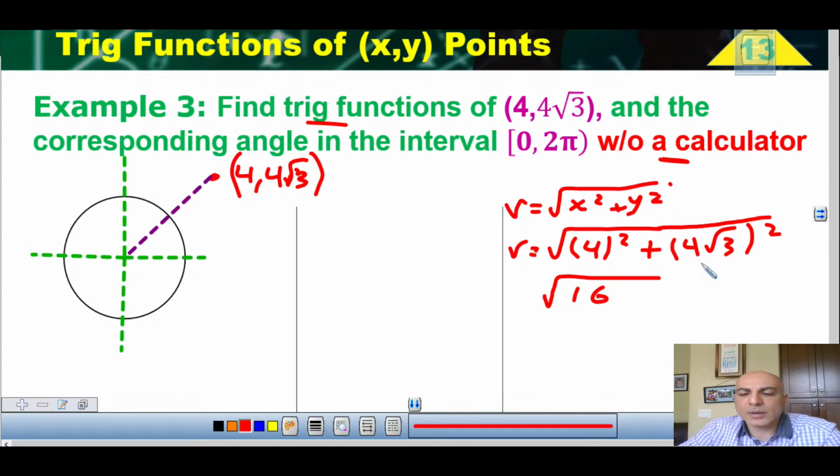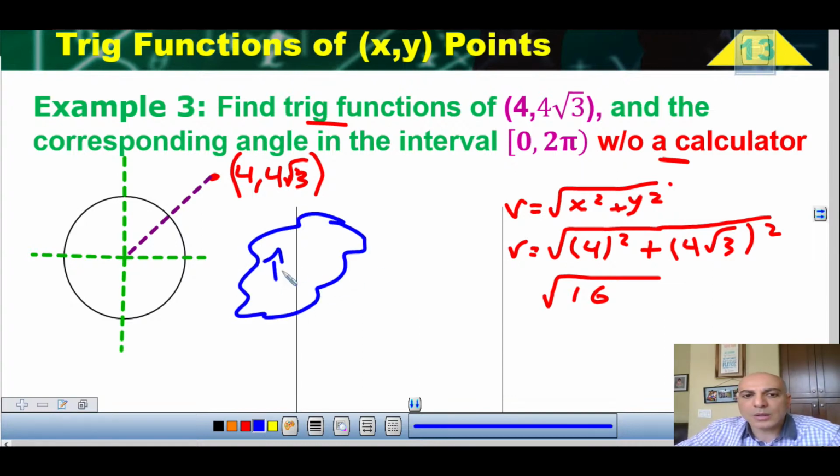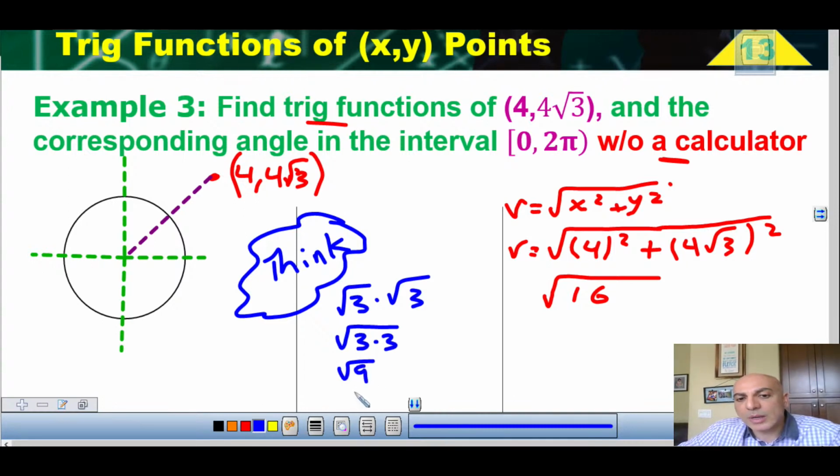Well, think a little bit here. How much is that? Perhaps you could help yourself by thinking. This is me thinking. Okay, square root of 3 times square root of 3. Well, this is going to be square root of 3 times 3, square root of 9, or just 3.